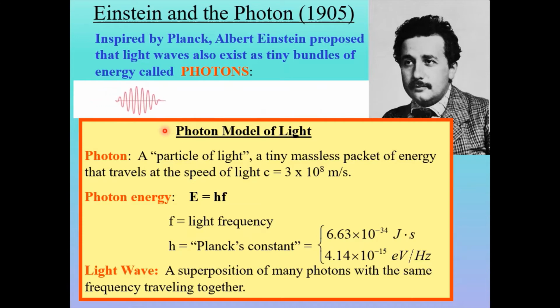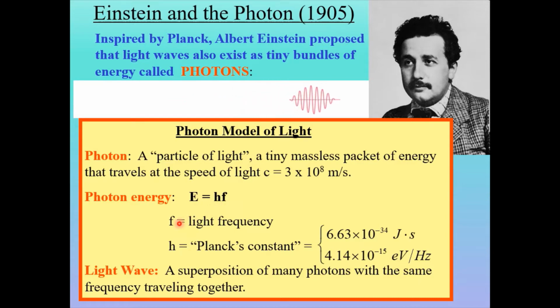So Einstein's photon model of light says that a photon is a particle of light, a tiny massless packet of energy that travels at the speed of light. Remember the speed of light, c, is equal to 3 times 10 to the 8th meters per second. Furthermore, Einstein said that the energy of a photon is equal to h times f.